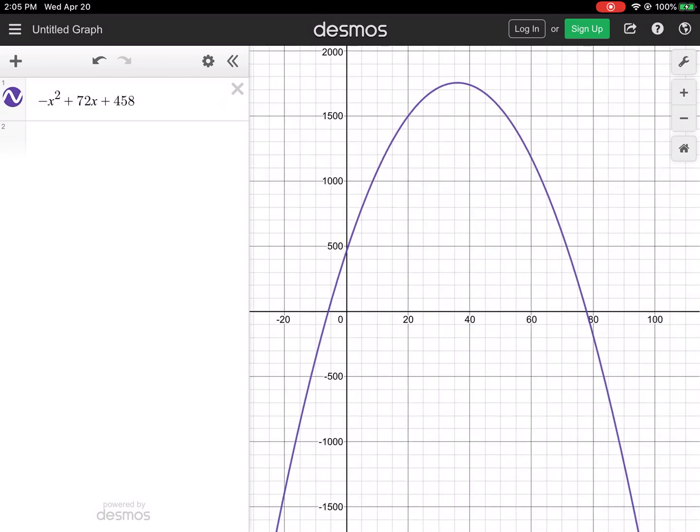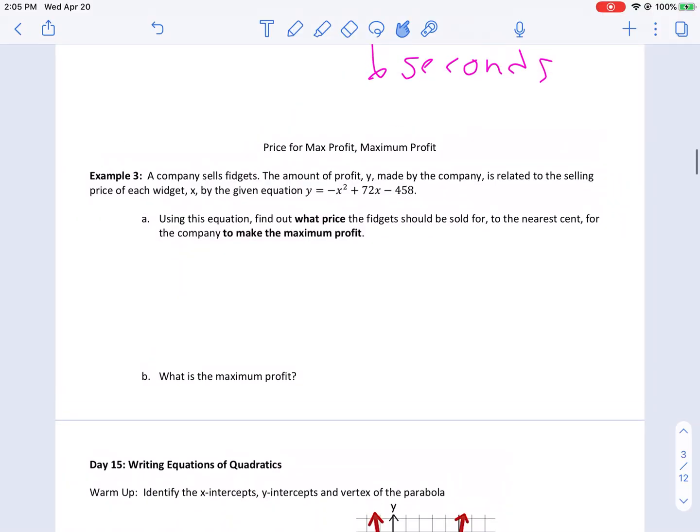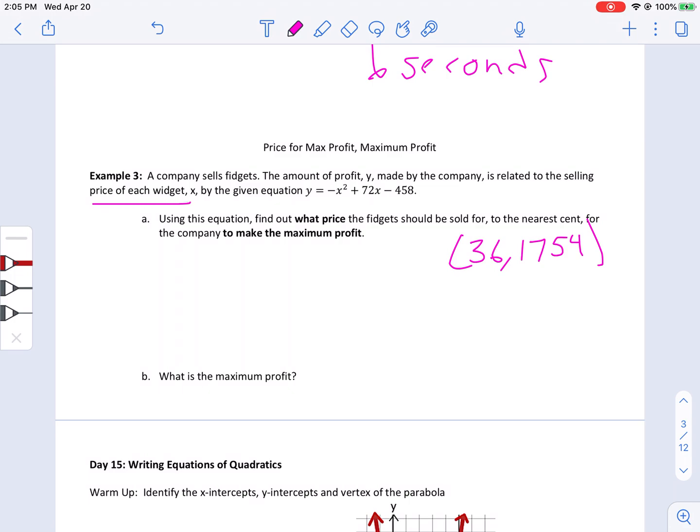All right, so the max is right up here. So our vertex is 36, 1754. So what does that mean? Selling price is x. So the price would be $36 and our max profit would be $1,754.